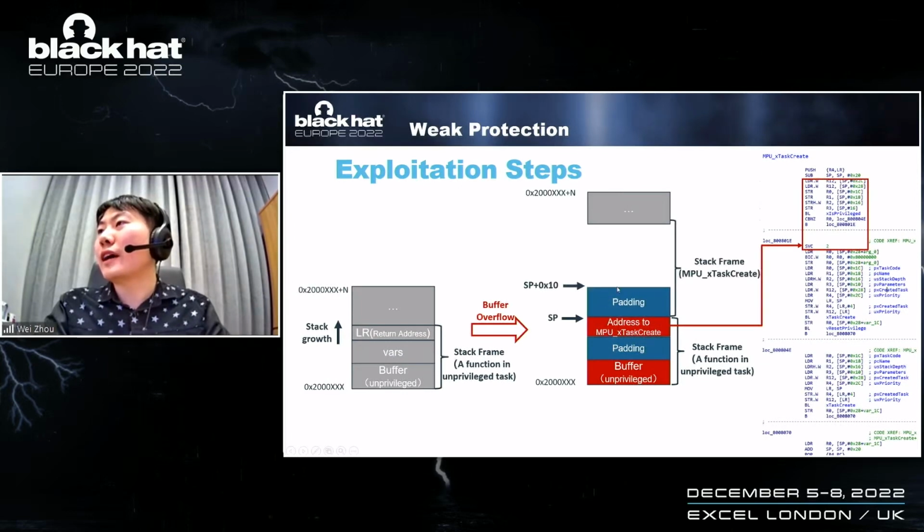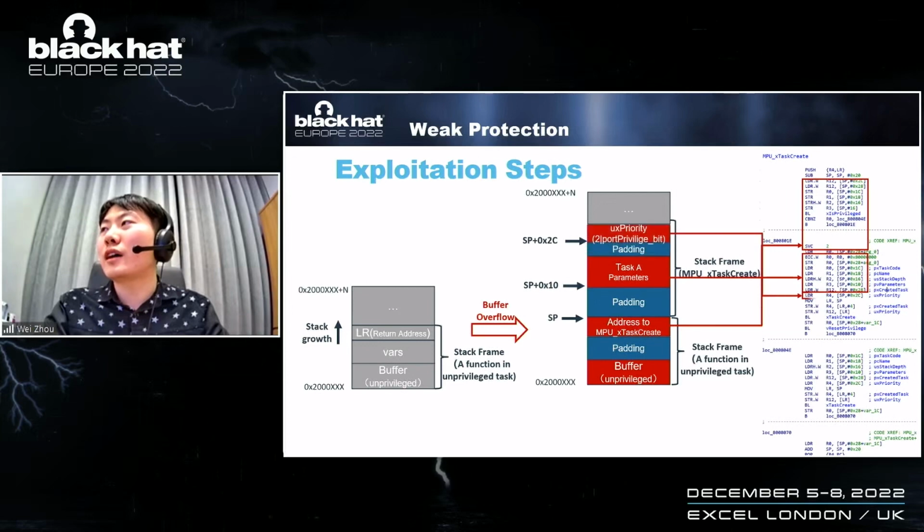And further, we can overflow any parameter of the new create task, and we can also rewrite task A with a high privilege level, which is indicated by these parameters on the stack. Yeah, we can see that when I go here, a new task with the privilege level will be created.